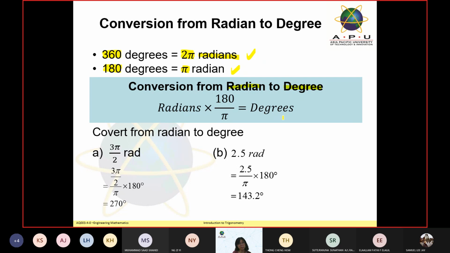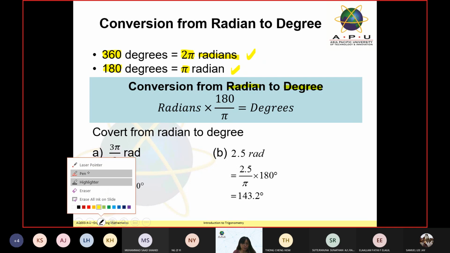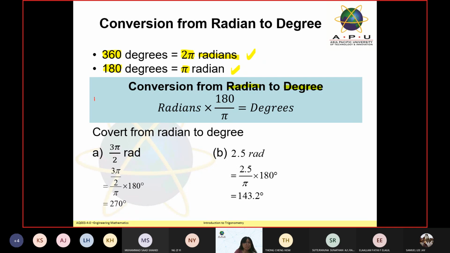You take the radian times 180 divided by pi. In other words, I take the radian divided by pi, then multiply by 180 degrees in order to convert radian to degree.